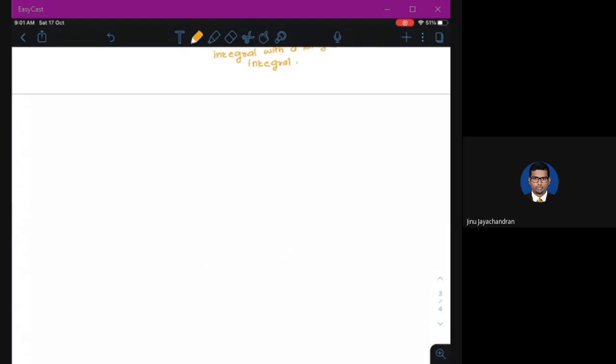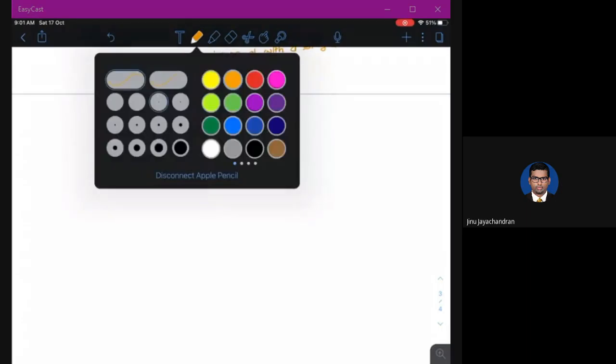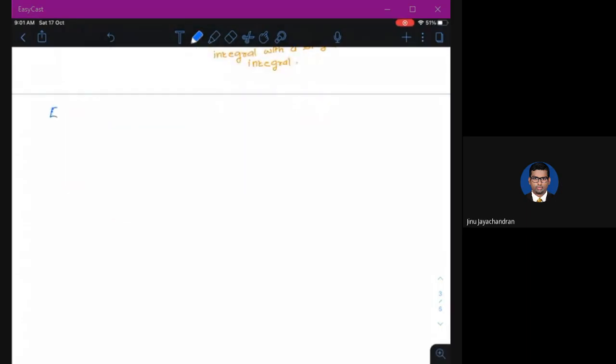Next, we are going to look at electrostatics. We might have studied electrostatics in your +2 classes, in your first year and second year of BTech, etc. So we will revise that a bit, and then we'll go to magnetostatics.